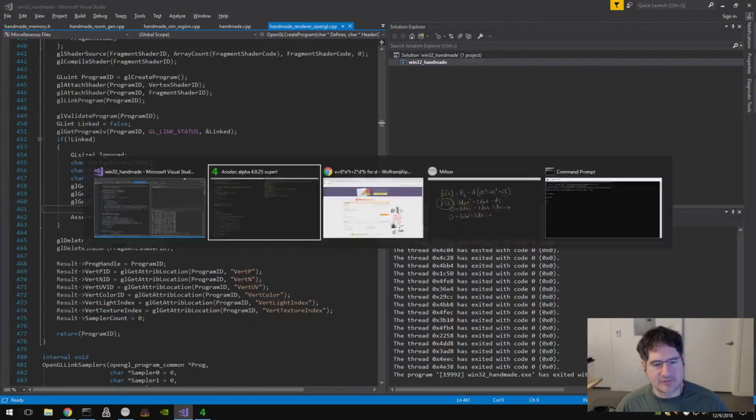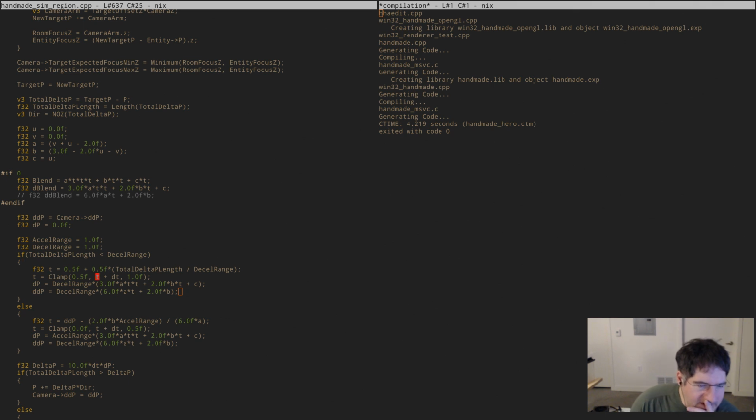So yeah, just thinking through what we would want to do here. During the acceleration phase, we're basically saying, look, we want to try and get up to the speed here. So we see where we were at, and then we would figure out what we would want to compute based on that.